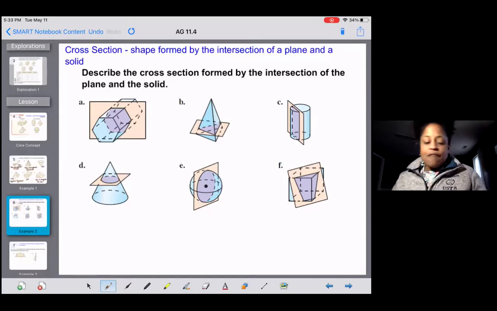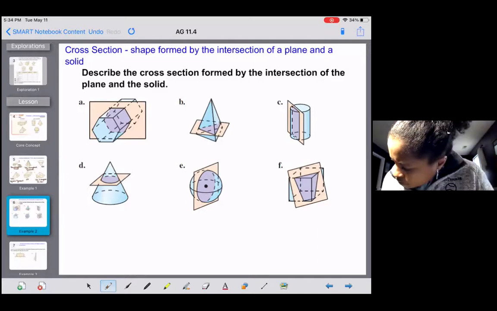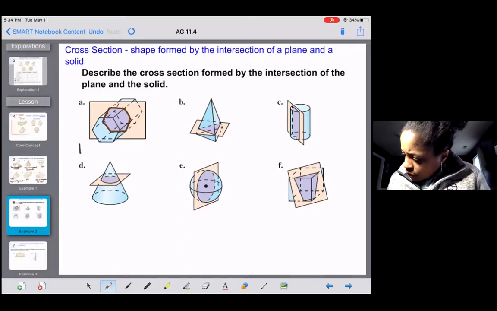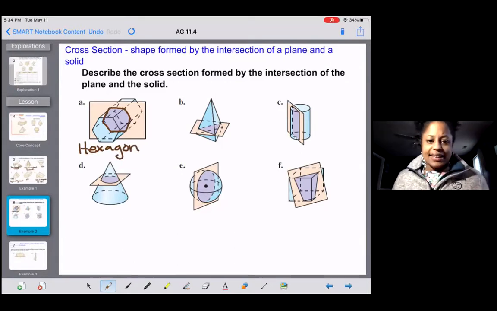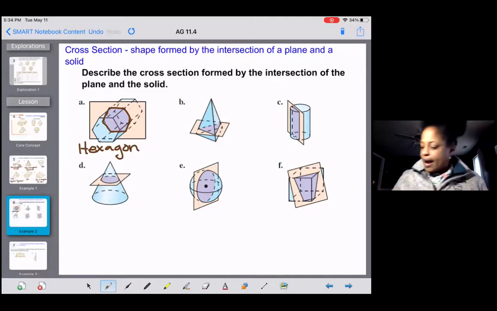So for A, if I were to cut that hexagonal prism in half, I'm going to have a hexagon. It would be here, here, here, here, here, and here. That's what I would get. So the cross section is a hexagon. All right, for B, again, if I were to take that pyramid and slice it, what would I have?